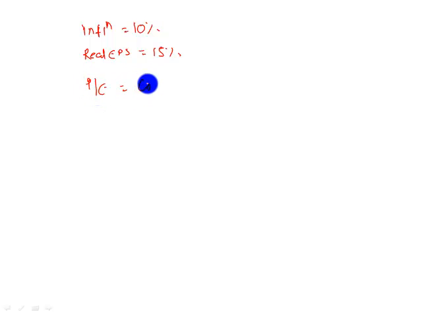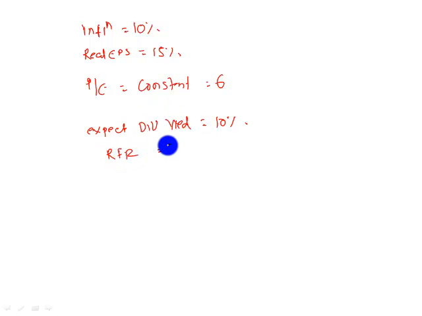Price earning ratio is going to remain constant at a level of 6. Expected dividend yield is 10%. RFR is 5%. Calculate equity risk premium using Ibbotson and Chen model.